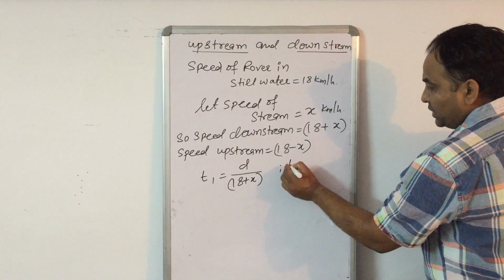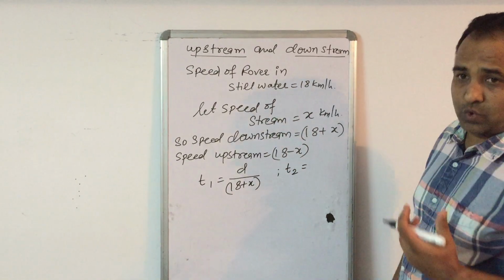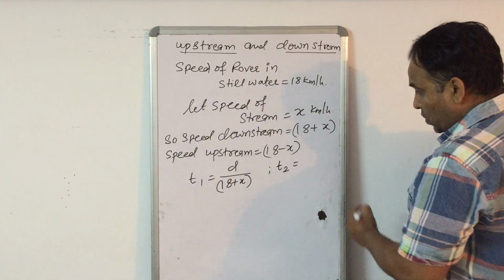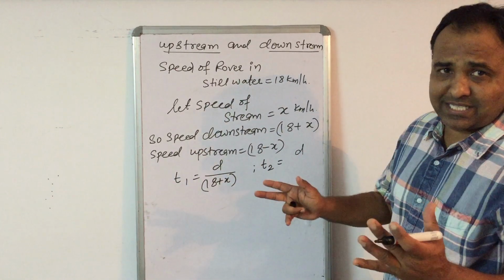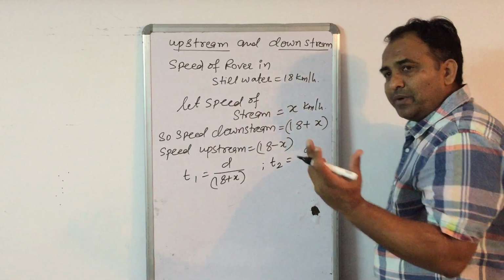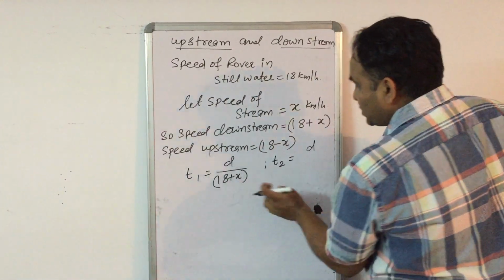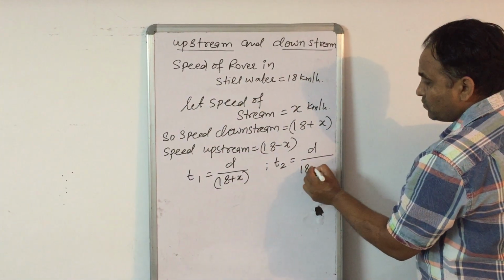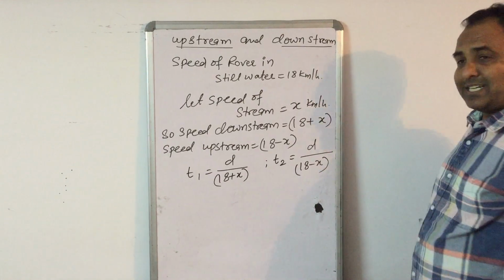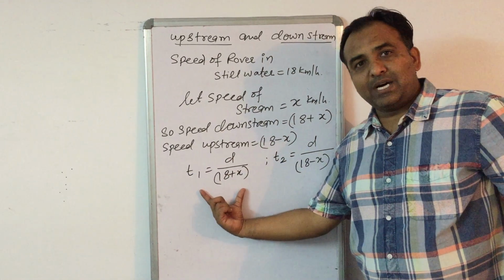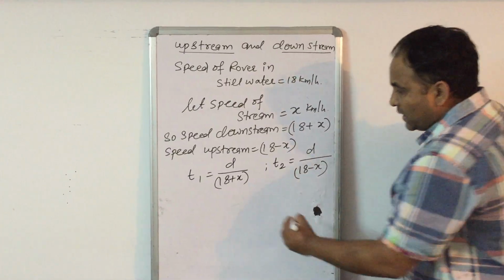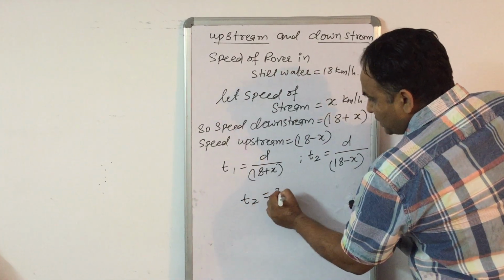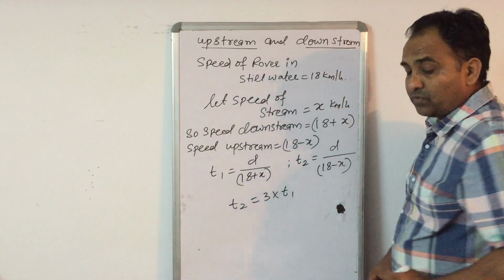Let's say t2 is the time taken by the swimmer to go upstream. Since the river is the same, the distance is the same, so we will make the equation in the context of time. As I told you earlier, if this time is 1 hour, the other would be 3 hours. So t2 is 3 times t1.